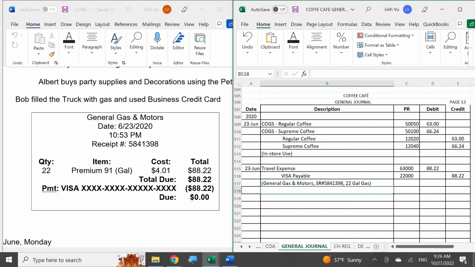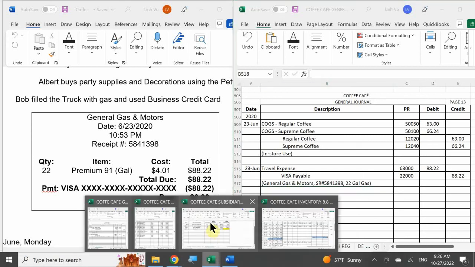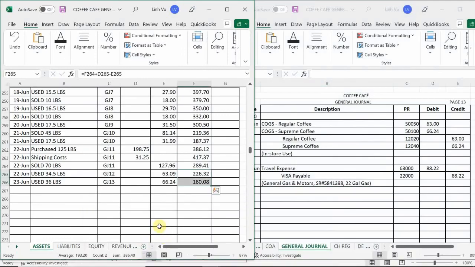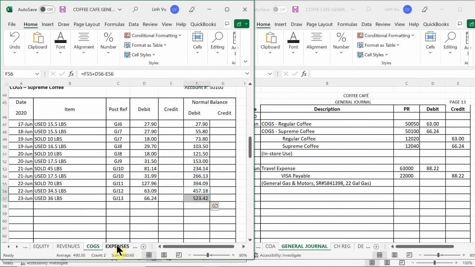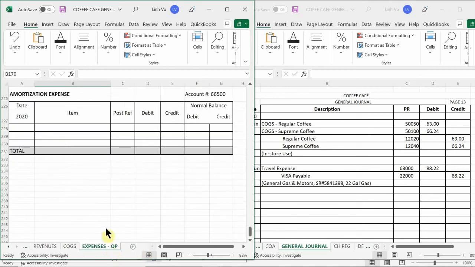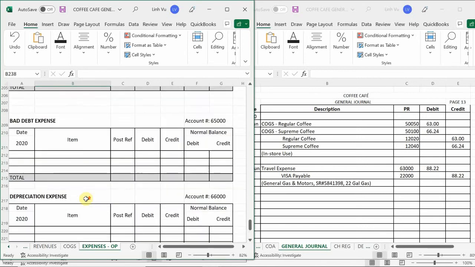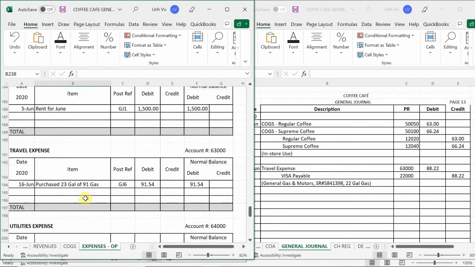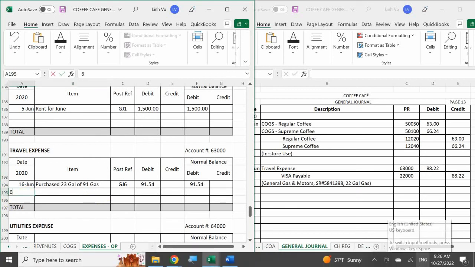And we're going to go to our ledger. We're going to go to operating expenses because this was part of the business. Travel expenses, here you go.